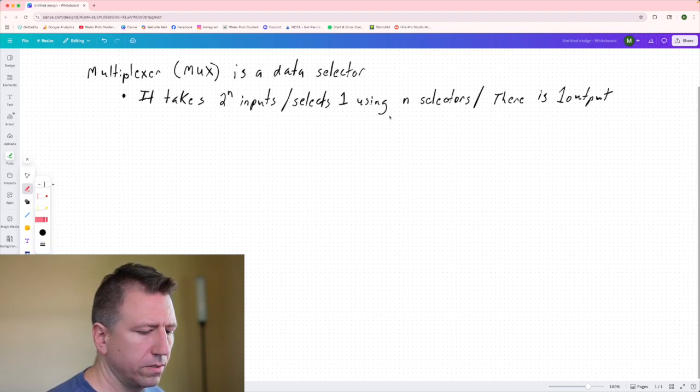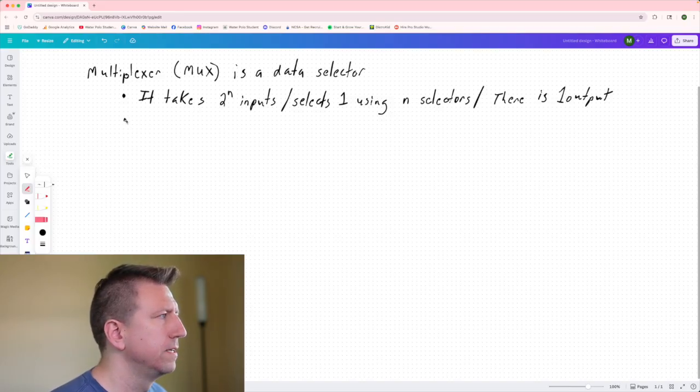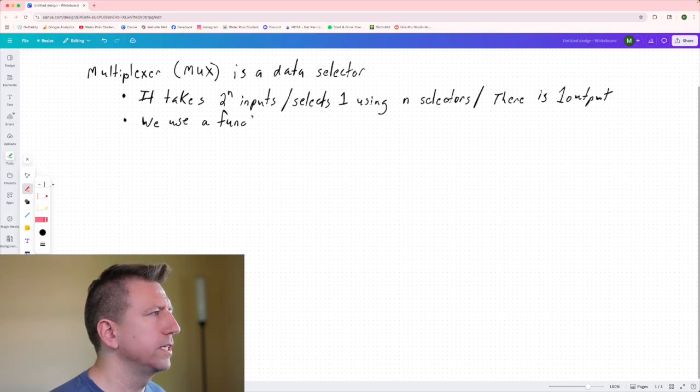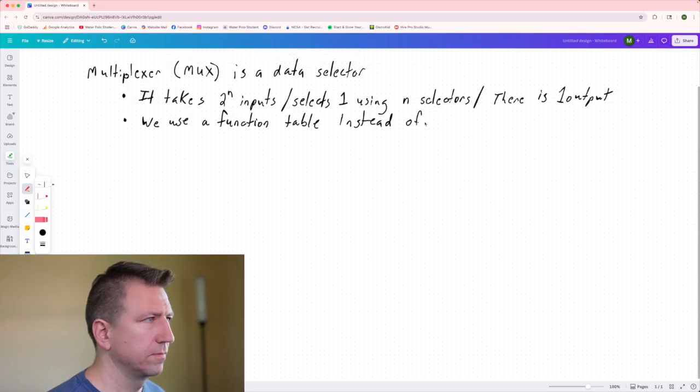Okay, and so that's the basics of it. Another bullet point here is that we use a function table instead of a truth table. And I'll show you what that looks like.